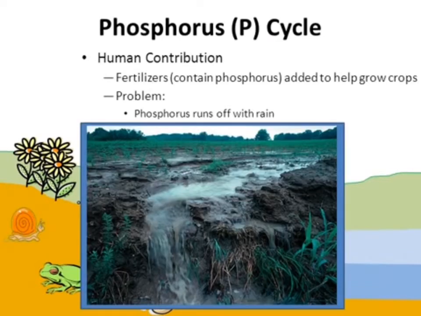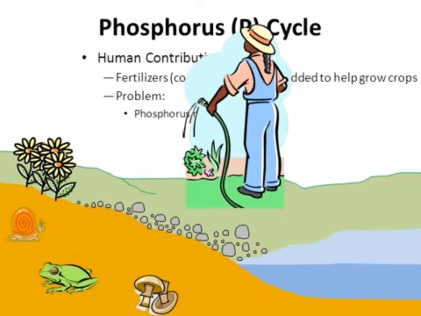Humans often use fertilizers, and phosphorus is a very common ingredient, as well as nitrogen. Phosphorus and nitrogen are very common in fertilizers, as we add fertilizers to help our crops and plants grow better.